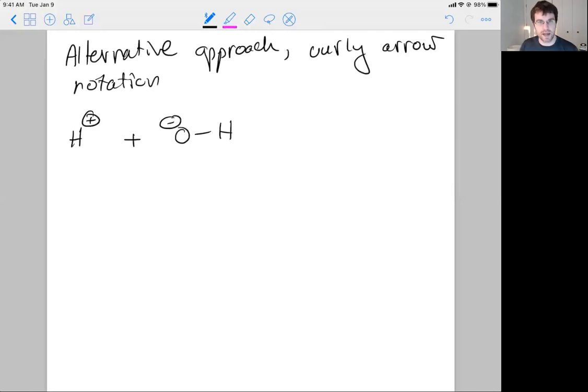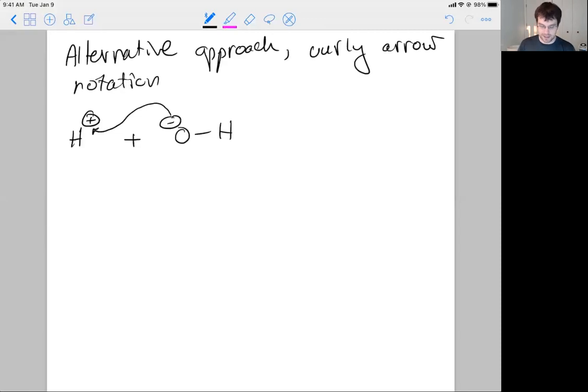So if I have my 2 reactants, what I'm saying is that the negative charge is going to have an arrow coming from it to the positive charge. We go negative to positive. It's a bit backwards from the dipole arrows, but this is the thing we have to get used to, and this is the thing we need to get used to sooner rather than later. In the curly arrow notation, we start from negative and we go to positive.